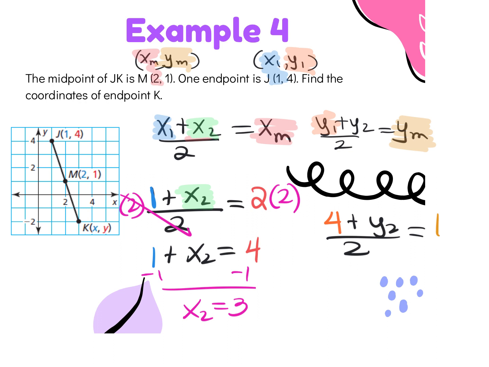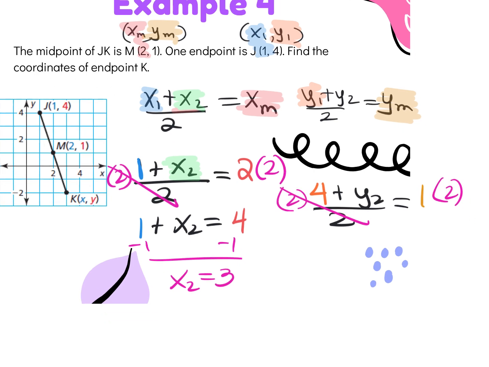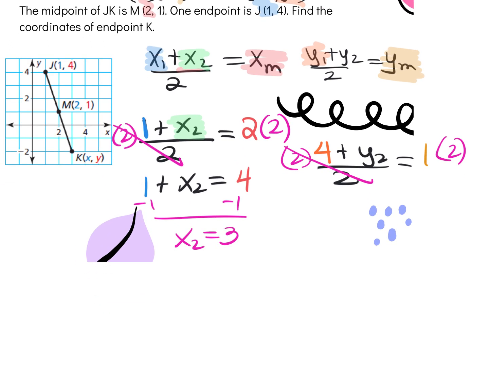And now I'm going to use my Algebra 1 skills. I need to multiply both sides by 2 to cancel out my fraction, so get rid of the denominator. And now I am ending up with 4 plus y sub 2 equals 2.